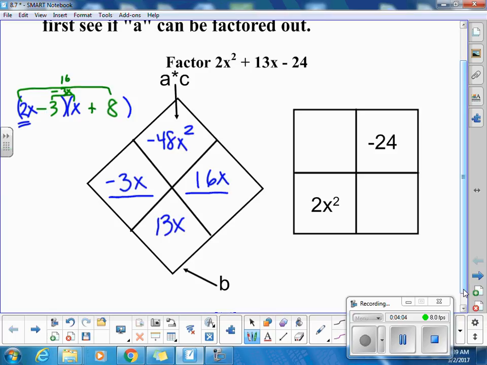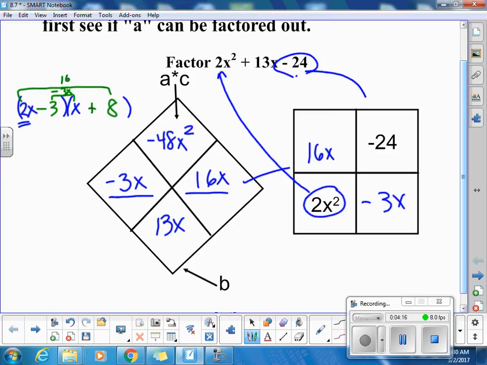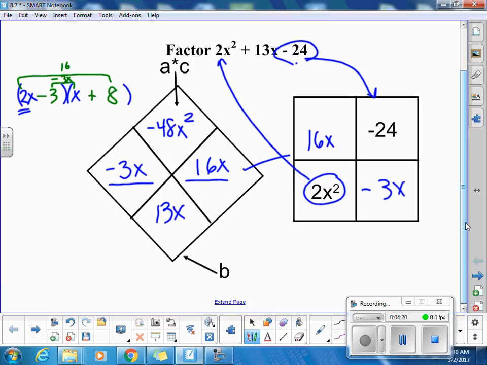So I take those two side numbers and I place them in either order, it doesn't matter, in these boxes. You'll notice that this comes from right there, and then negative 24 comes from right there. So I place those two in the boxes, and then I put the two numbers that we found. Then we've done this with FOIL, so we're going to unfoil it, I guess.